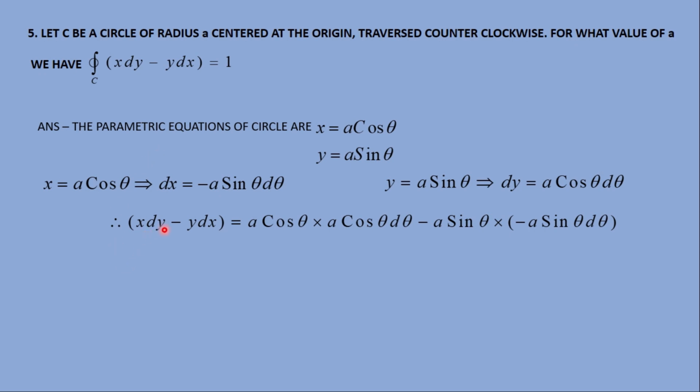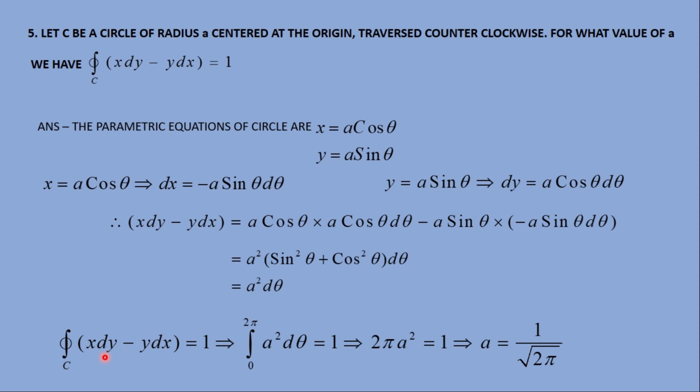So x dy minus y dx equals a cos theta times dy, which is a cos theta d theta, and for y this is a sin theta, and for dx this is minus a sin theta d theta. Upon multiplication and the necessary steps, we have a square d theta.